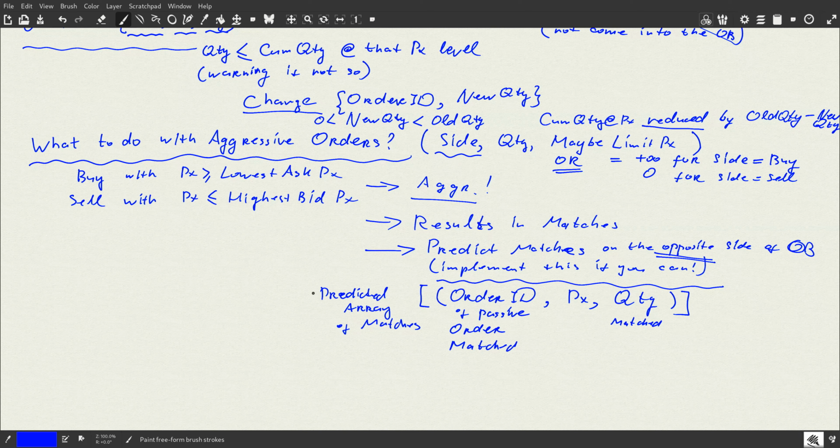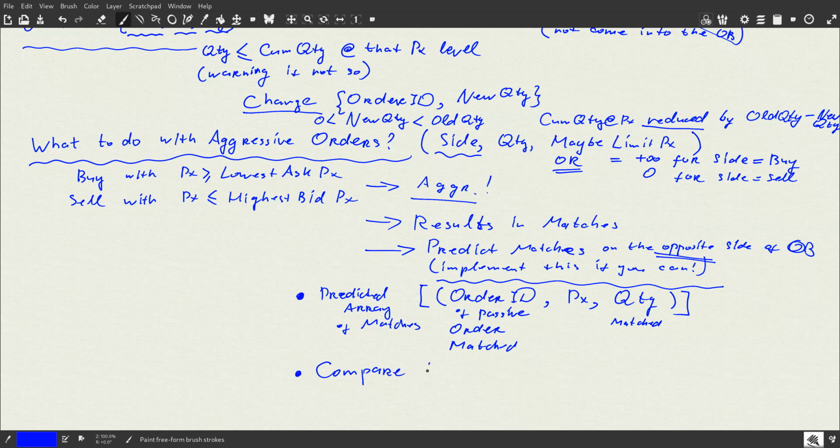Then, calculating this predicted array by itself is not that useful. What can you do in addition? You calculated the predicted array, and then you compare. That's a very interesting thing.